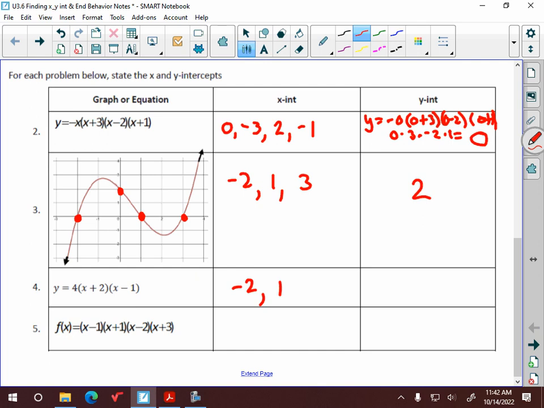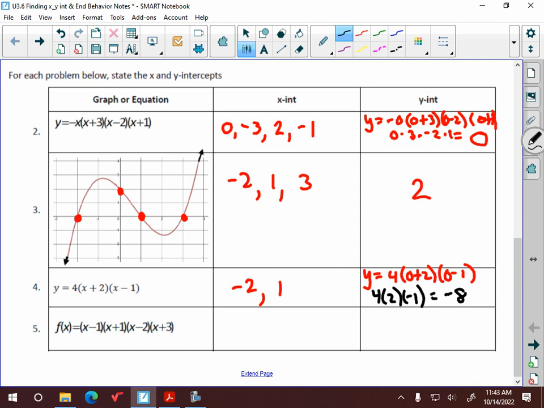For the y-intercept, we're going to replace all the x's with 0. So that's 4 times 0 plus 2 times 0 minus 1. And we can just work that out. That's going to be 4 times 2 times -1. So 4 times 2 is 8. 8 times -1 is -8.